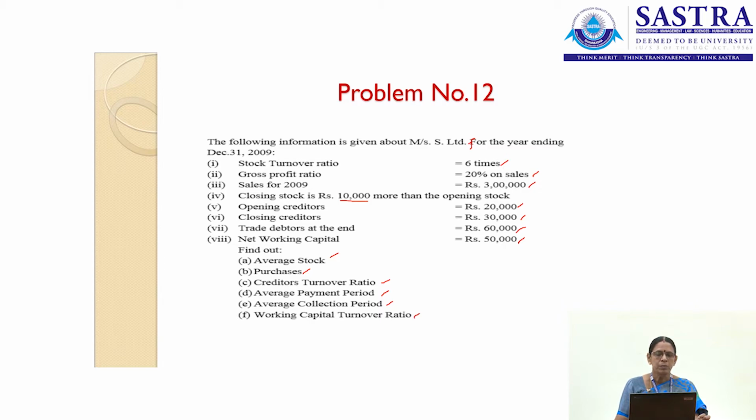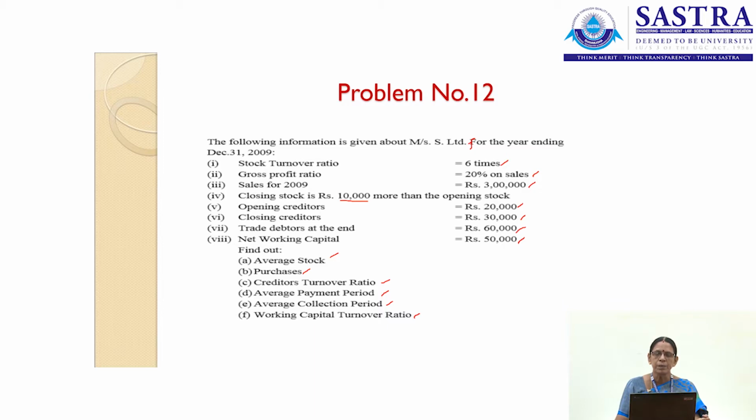Now, we have the information as stock turnover ratio, GP ratio, sales, then opening creditors, closing creditors, debtors at the end, net working capital. So, with this we are going to find out the information regarding stock, purchases, creditors turnover, average payment period, average collection period and working capital turnover. Now, see to it, GP ratio is 20% on sales and we have the sales.